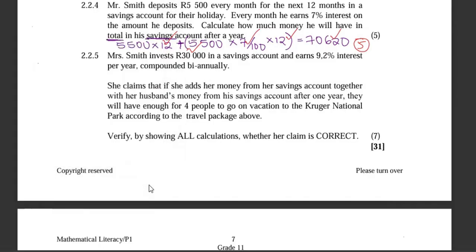Another one, which other way would you do it? First and foremost, maybe you would have done this. Just pick 5,500. Increase it by 7%.